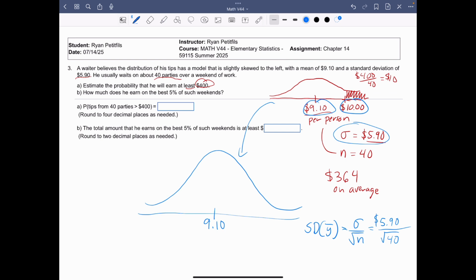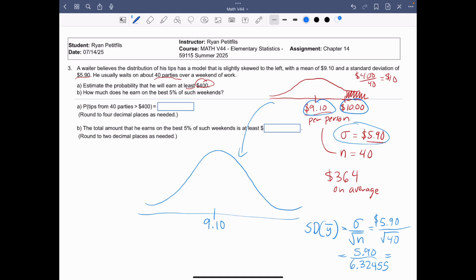The square root of 40 is about 6.3245. Dividing $5.90 by that, what I get is 0.93.